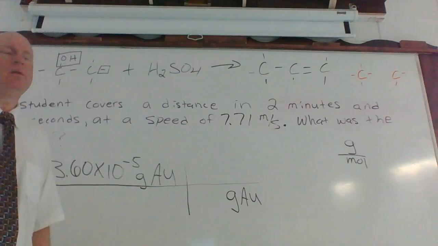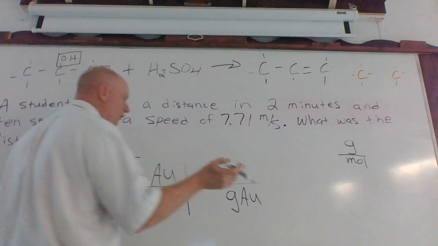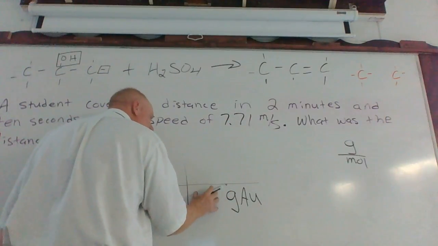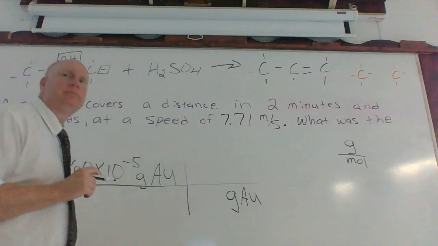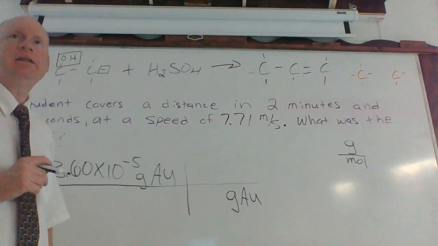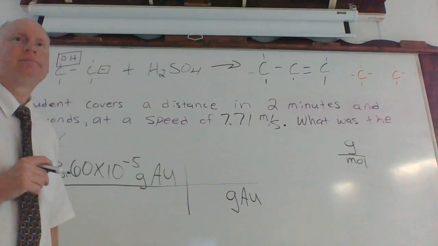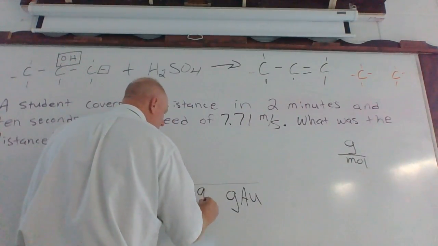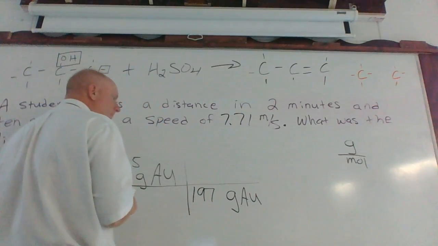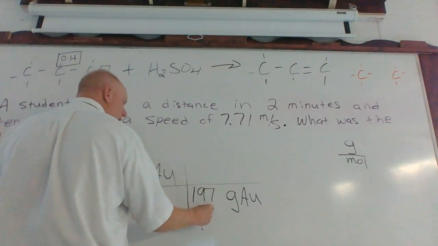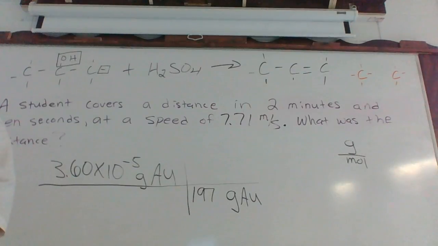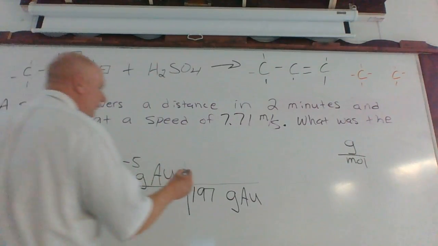Grams per mole, or in this case, moles per gram, because what is the atomic mass for gold? 190. Okay, so we're going to go 197. Okay, so every time you have 197 grams of gold, you have one what? You have a mole of gold.